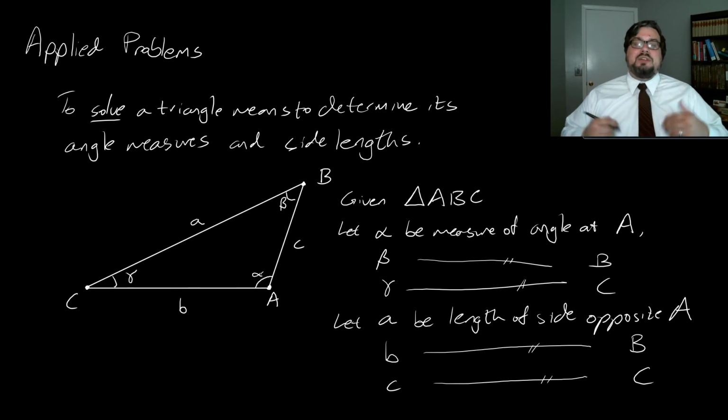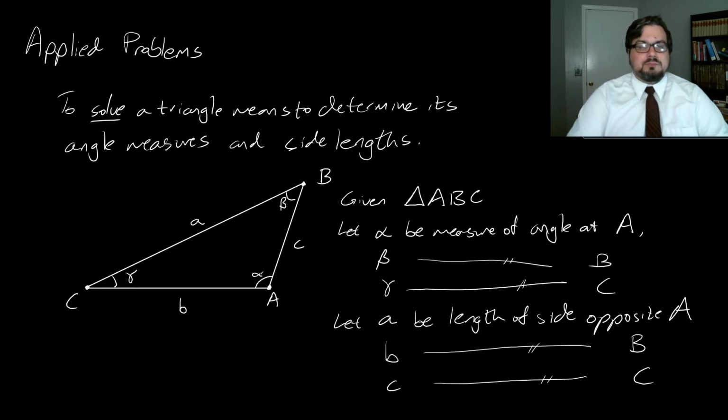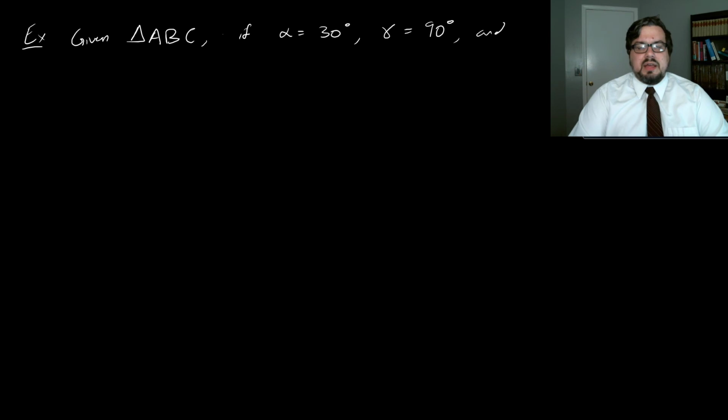So let's see how we use the trigonometric functions and what we know about trigonometry in order to solve some triangles. So let's look at the following example. Given triangle ABC, if alpha equals 30 degrees, gamma equals 90 degrees, and b equals 7, solve the triangle.